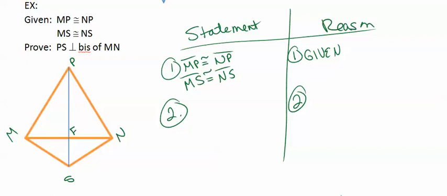So again, let's look at that example. Given MP is congruent to NP, MS congruent to NS, we want to prove that line PS is a perpendicular bisector of MN.